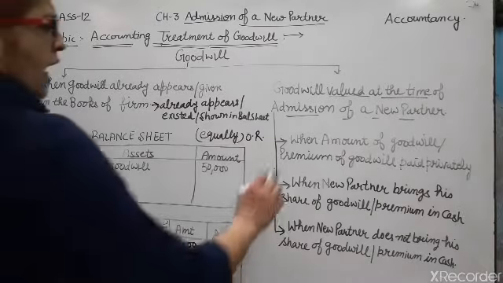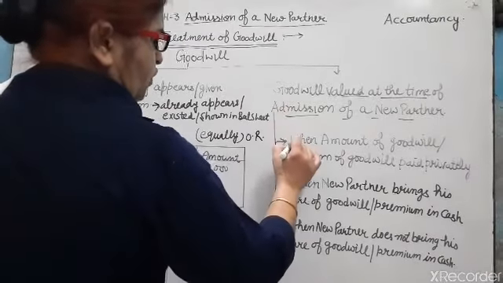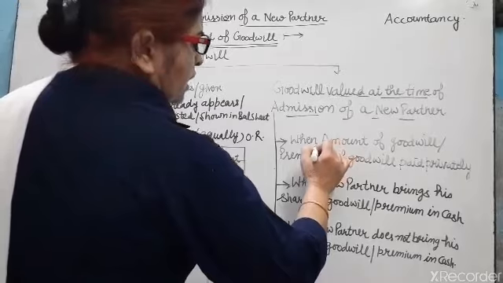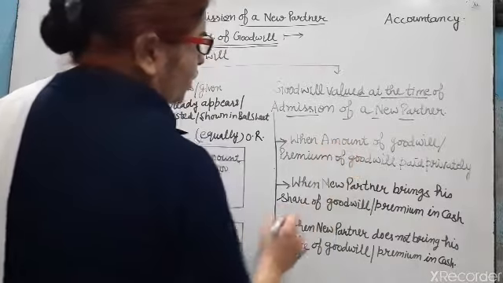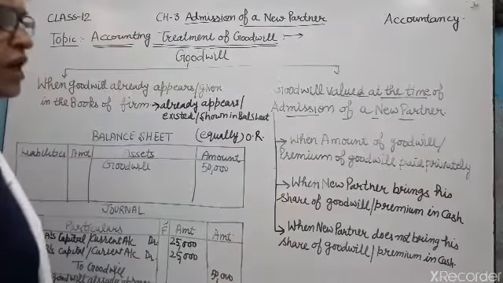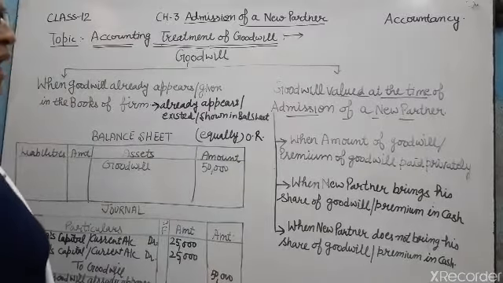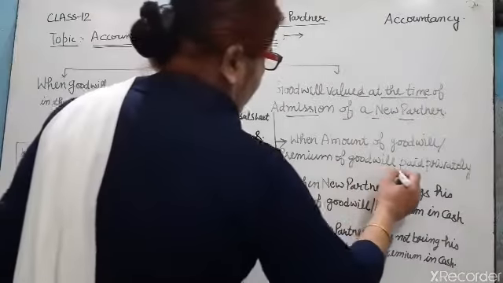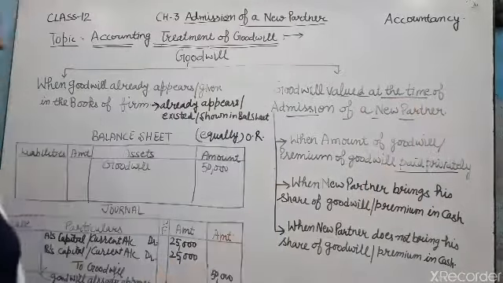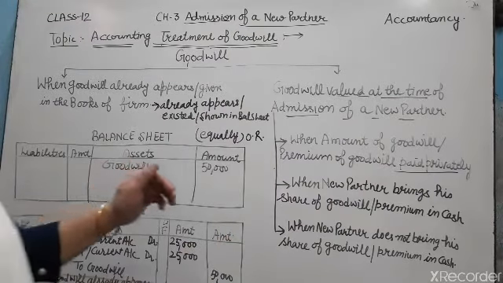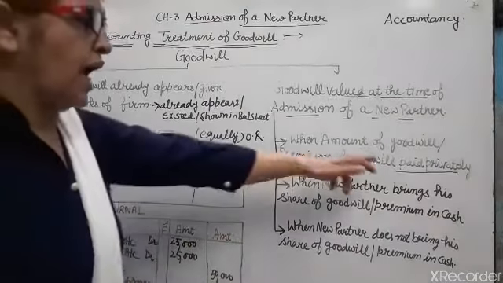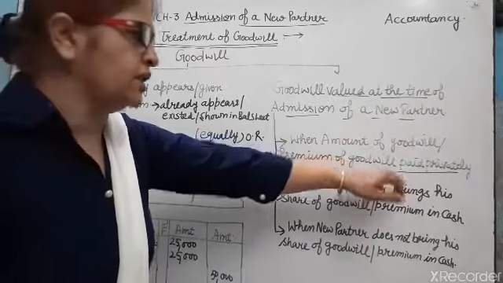There are three situations. First, the amount of goodwill or premium for goodwill is paid by the new partner privately to the old partners.